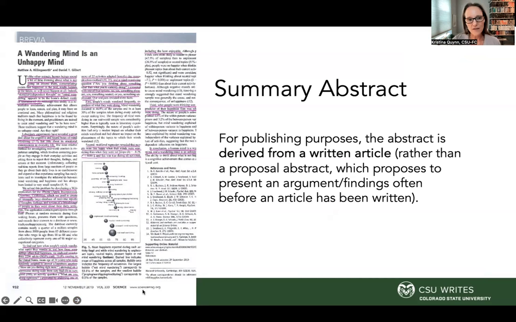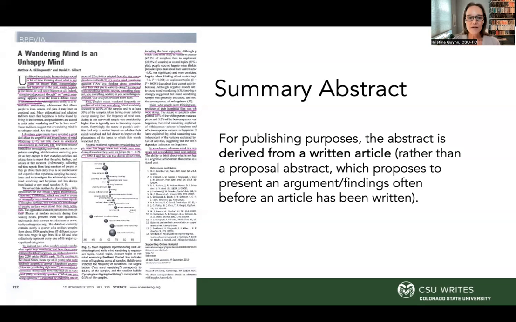Science stopped doing Brevia pieces, so I pulled occasionally from them on different topics. But this one is so easy for us to use, and the topic is interesting. And it doesn't have a lot of specialized knowledge where we have to kind of parse or move across disciplines. I think it's broadly understandable, anywhere from the humanities through the social sciences into the STEM fields.